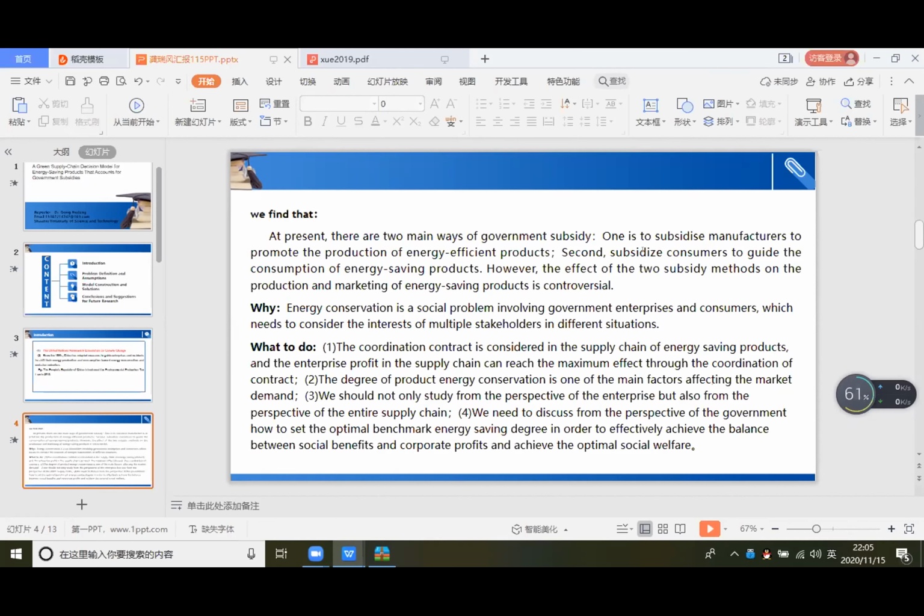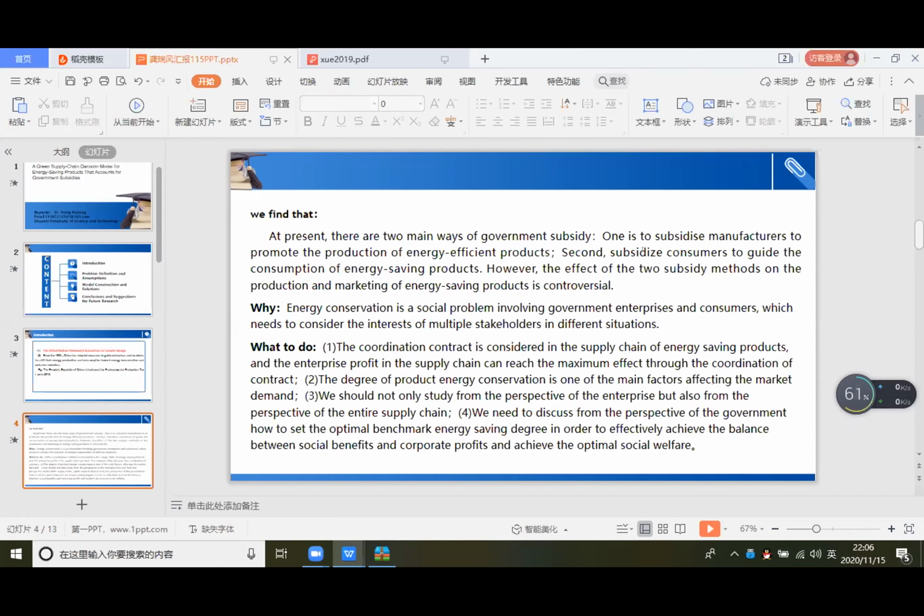However, the effect of the two methods on the production and marketing of energy-saving products is controversial. Why did this appear?